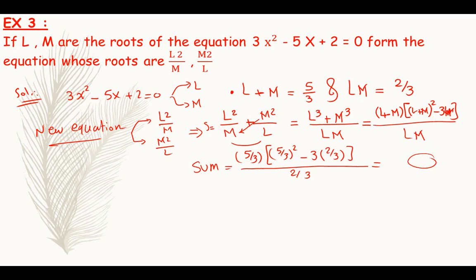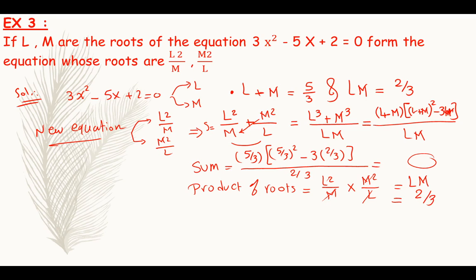And the product of roots here will be L power 2 over M multiplied by M power 2 over L. Here 1L will cancel 1L, 1M will cancel 1M, so the result will be LM, and we know that LM equals 2 over 3.